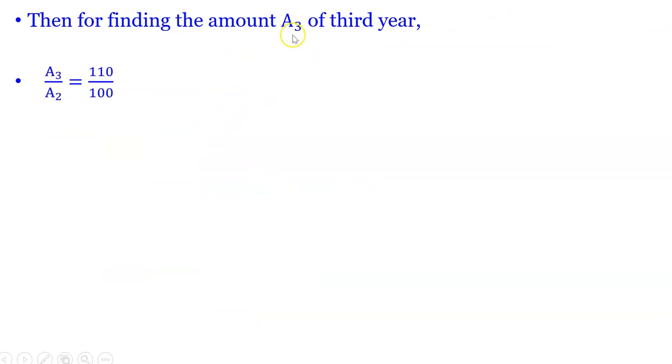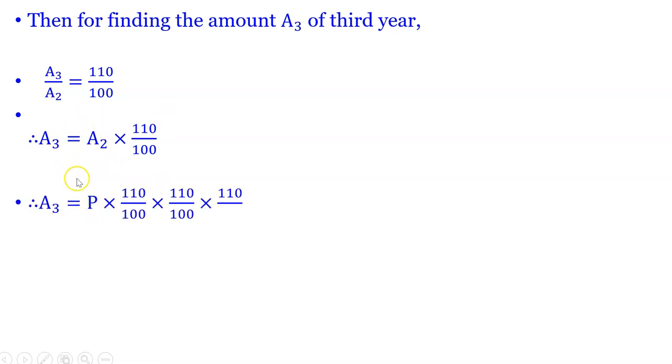Then for finding A3 of the third year, again we can write A3 upon A2, and that's equal to 110 upon 100. And hence A3 is equal to A2 into 110 upon 100. Now we'll substitute the value of A2. The value of A2 is P into 110 upon 100 into 110 upon 100, into 110 upon 100.